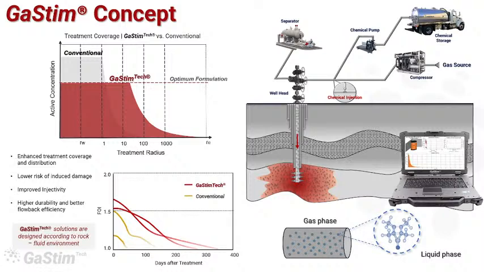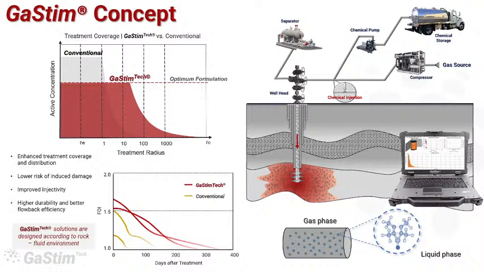So the conventional liquid-based systems have been summarized in acidizing, solvents or alcohols. And if you can see the top left graph, when we go with those liquid batch systems, we have way lower treatment radius.